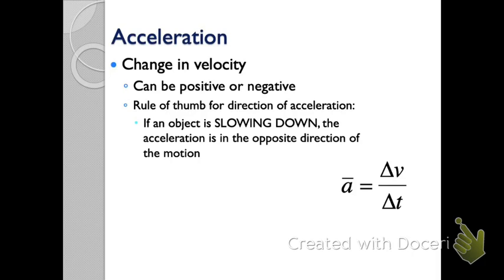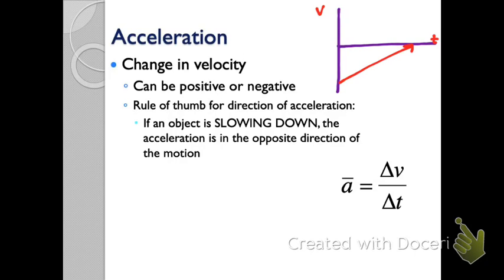So I'm going to show you that on a graph quickly, just to look at it one more time. Here's velocity, here's time. Okay? If I'm slowing down in the negative direction, my graph looks like that. Do we agree?